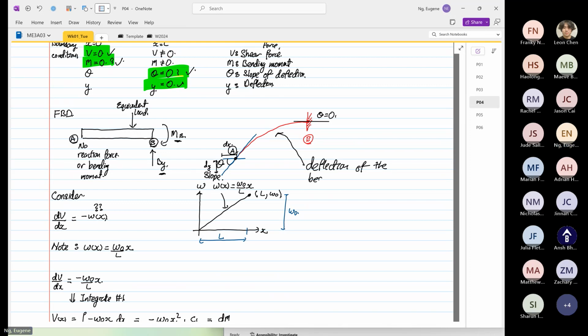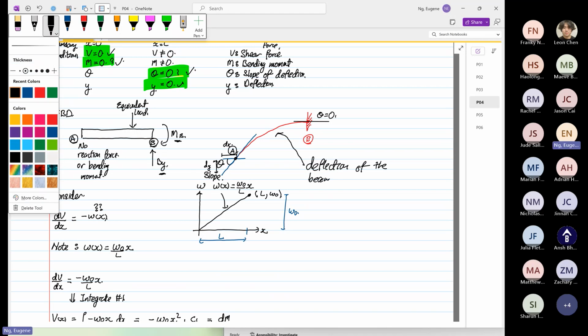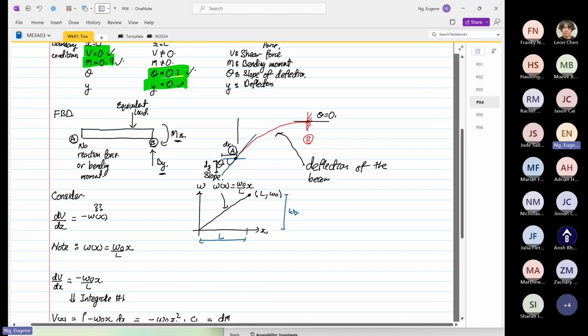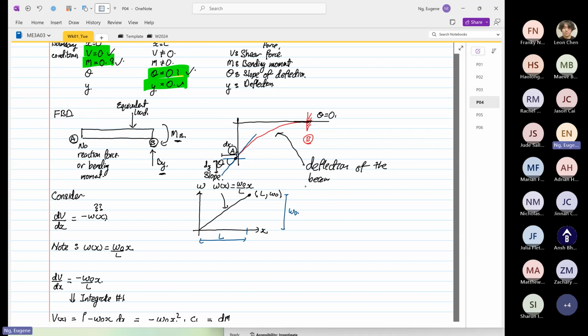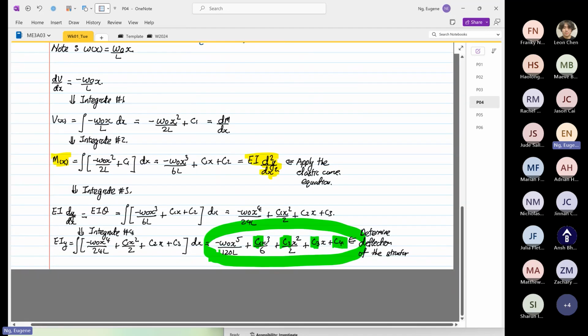Of the beam. So if this is our, I mean, this is still our beam. If I put two axes down here, right? So the deflection of the beam, basically, is this expression over here.